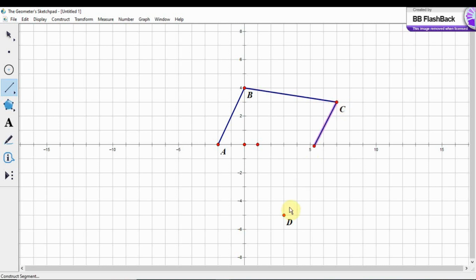It's always best when you see it like this. Trust me, you're going to see what is happening now. I hope everybody sees the trapezium now.